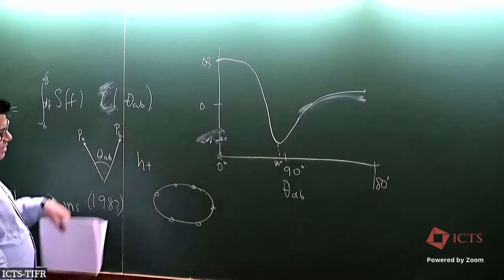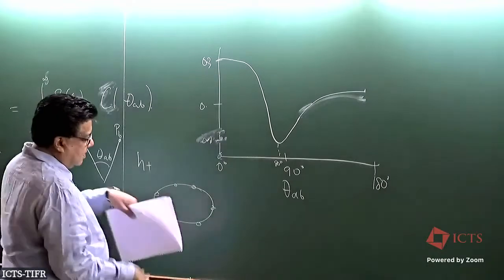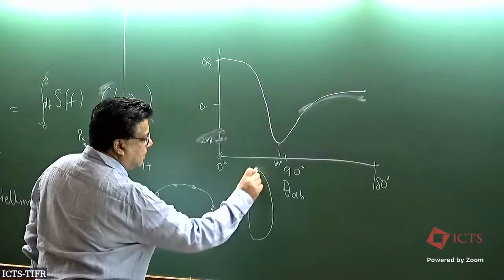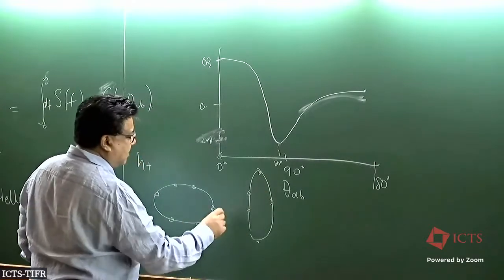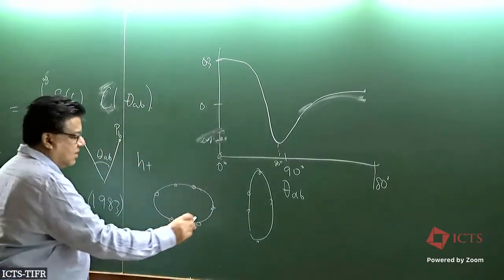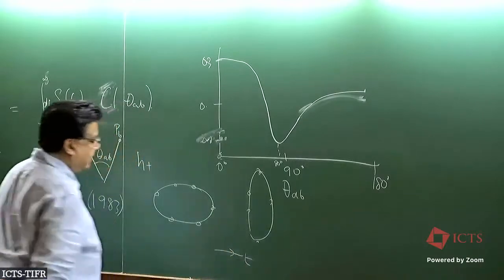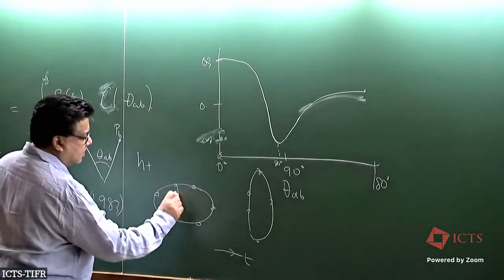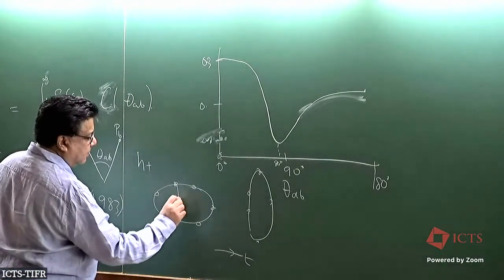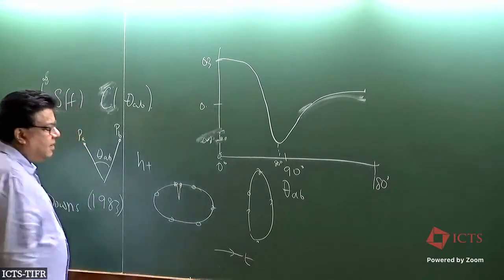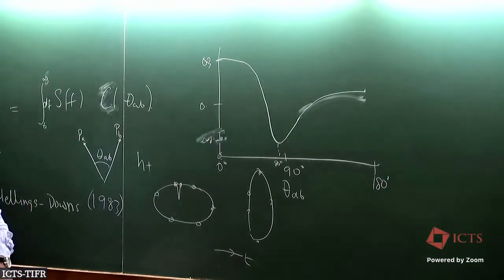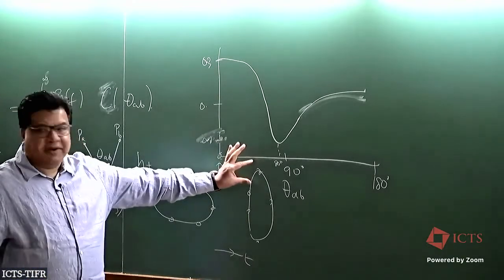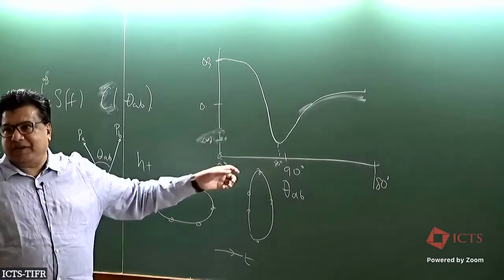H plus is when it oscillates like that: in time, the ring becomes an ellipse in one shape, and in between it's a circle. If you look at two pulsars in the same direction, space-time is squeezed in the same way, so either they are both squeezed or both elongated. I'll show that mathematically next.